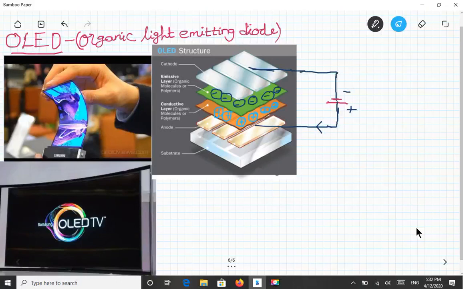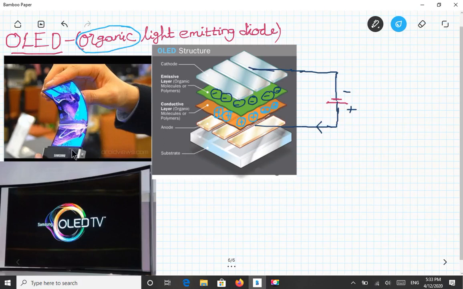Hi everyone. So the next topic we are going to see is the OLED, which is expanded as organic light emitting diode. So this name itself says that it is an LED made up of organic molecules or organic polymers. So here you can see the OLED display.